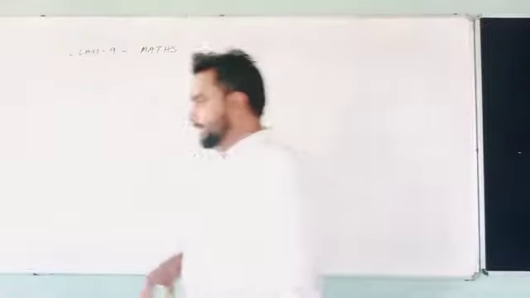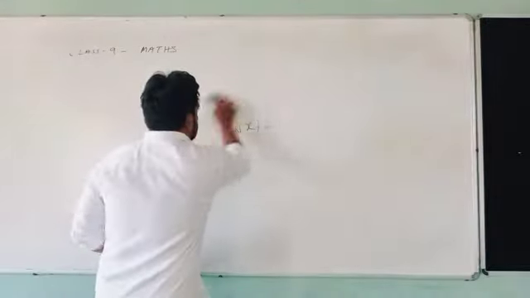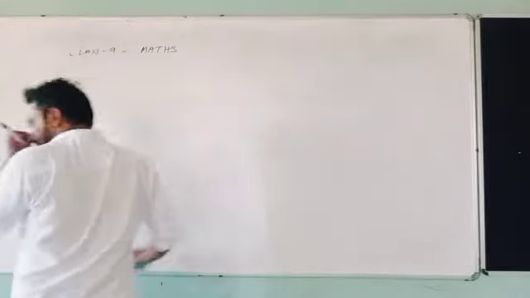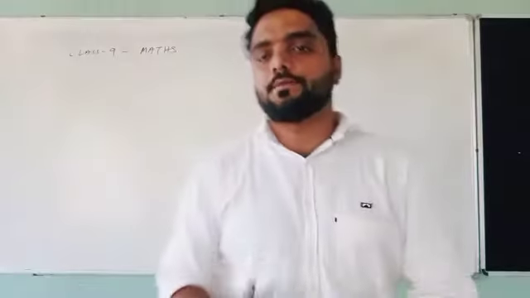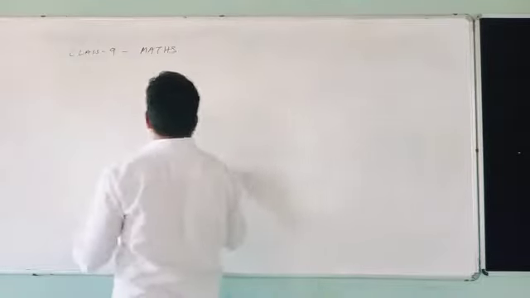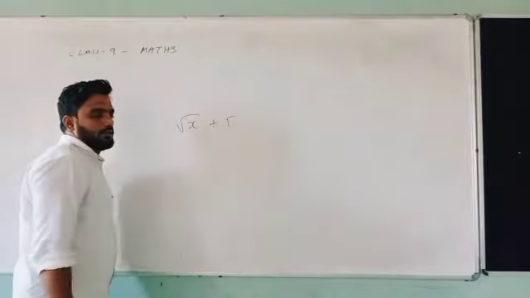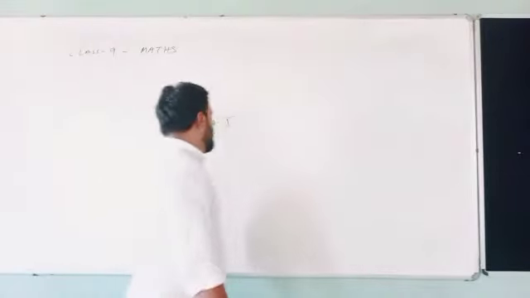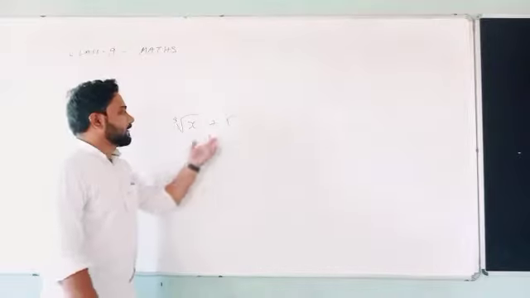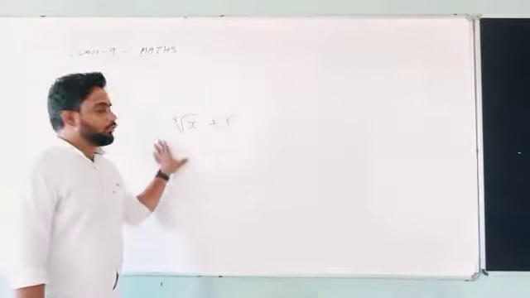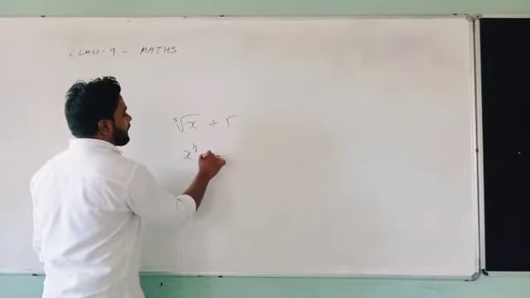Suppose I am taking another example: root x plus 1. Just see, all of you, the power of x. Suppose it is the cube root of x plus 5. So I can write it in the form x raised to 1 by 3 plus 5.